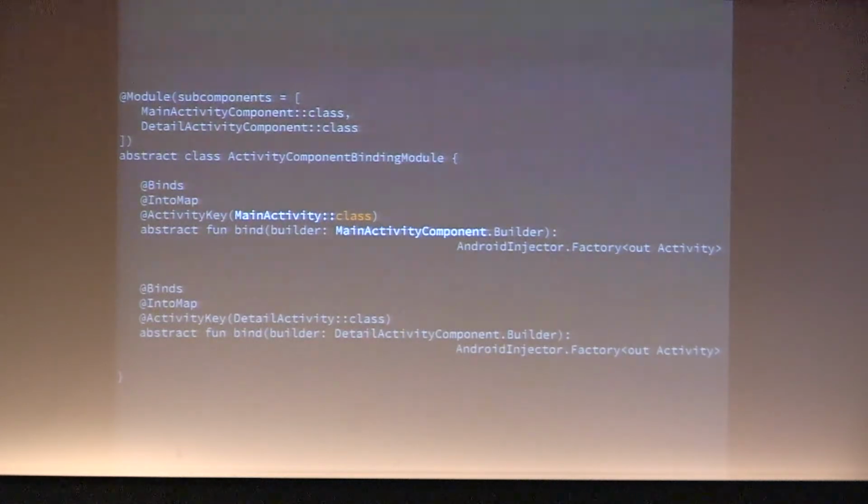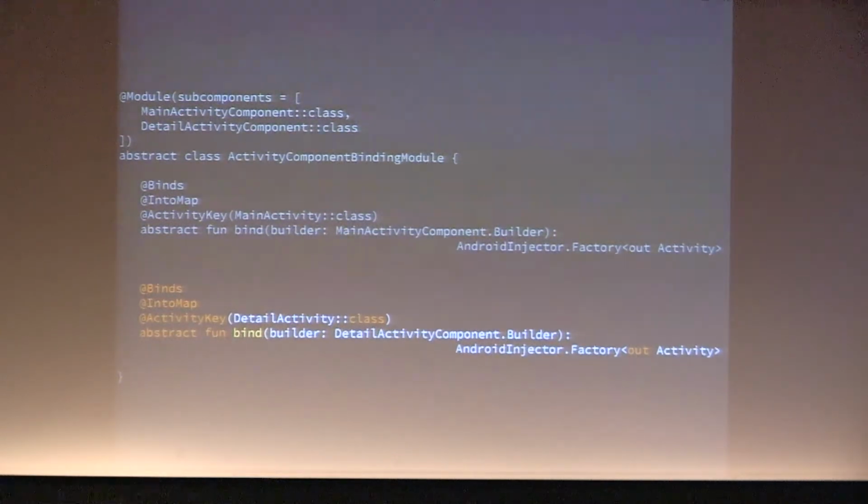So you can see that the only real specific part here is the activity key and the components. And we are doing exactly the same for the detail activity here. No differences, the only difference will be the type of the builder that you want to bind and the key for the map.